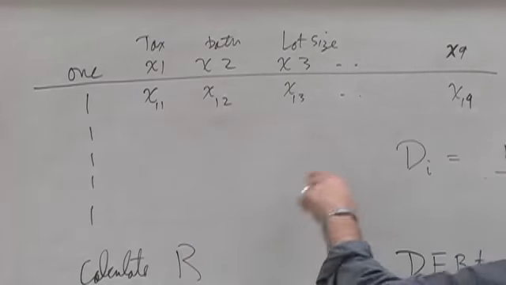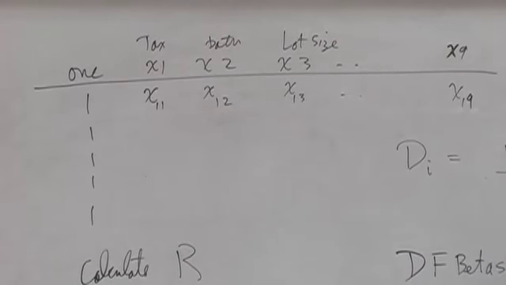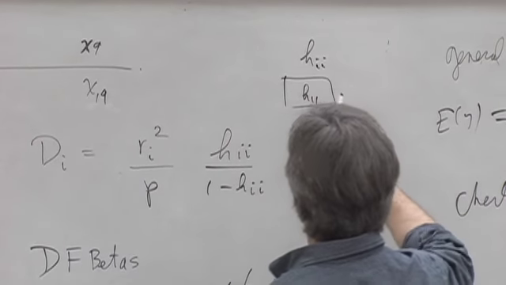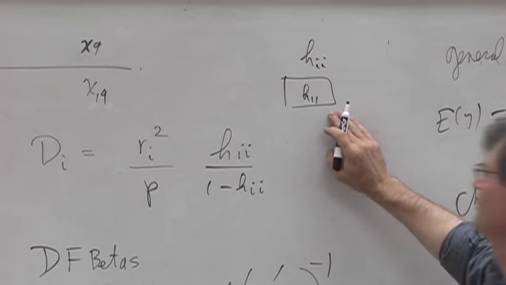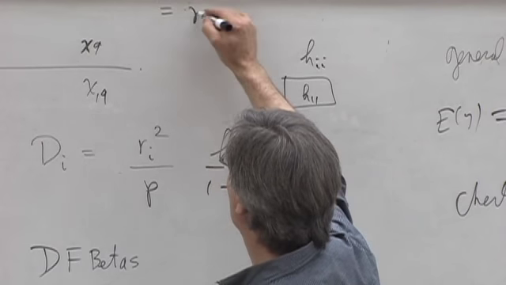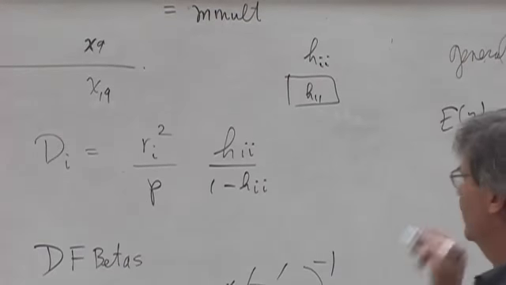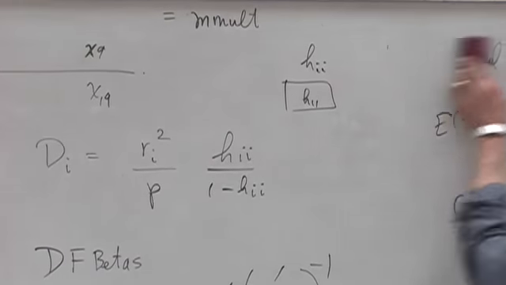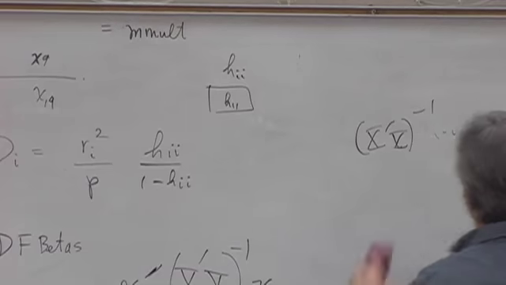To get h11, I'd highlight that cell, and in the formula bar I would say equals MMULT. If you want to use this method, you'd have to have x prime x inverse already referenced. Let's call it C.